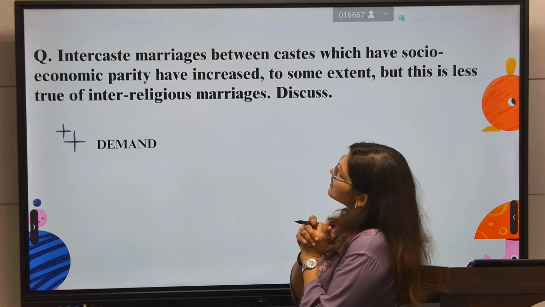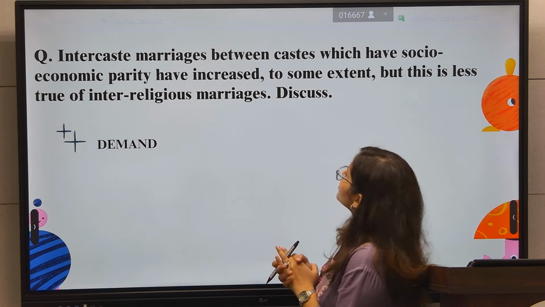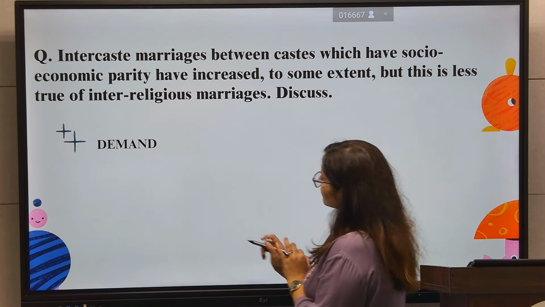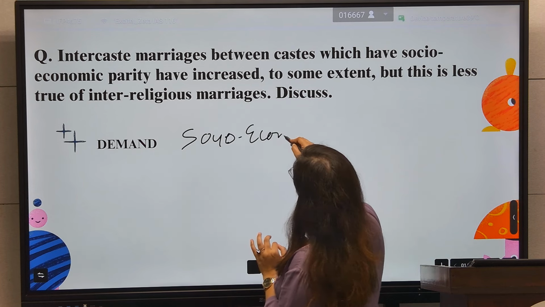So what the question is saying is intercaste marriages between castes which have socio-economic parity.